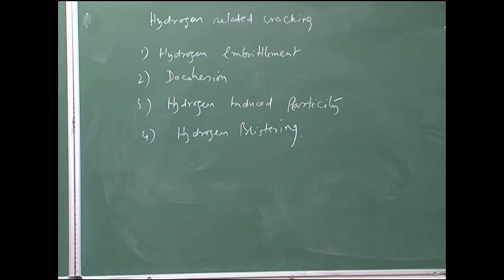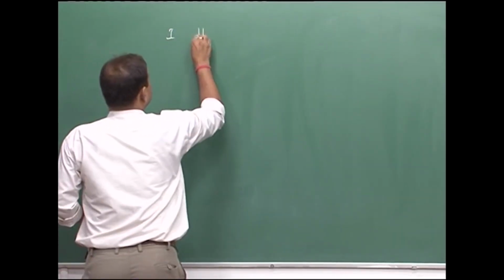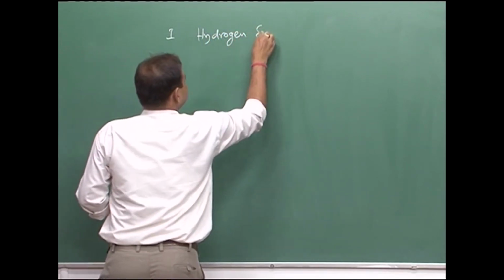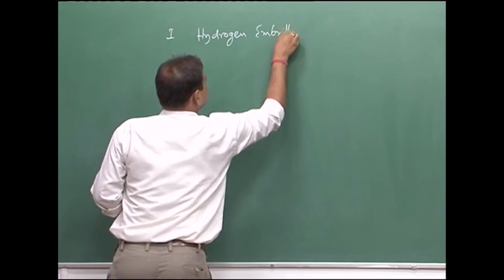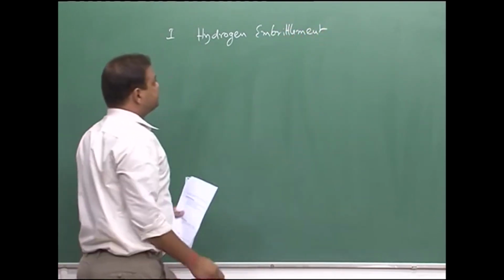So, we see there are 4 major categories by which hydrogen related cracking can happen in a material. Let us come to the first one, which is hydrogen embrittlement.